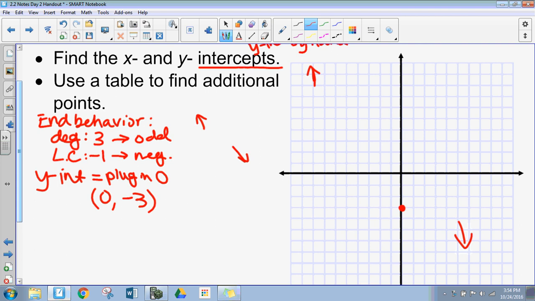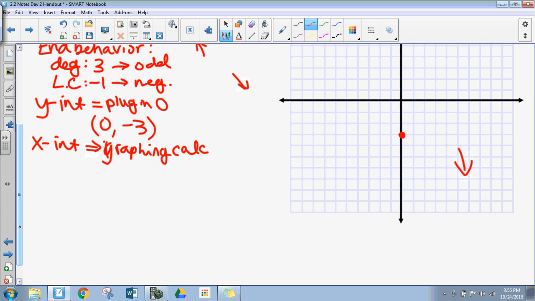Now you're going to use your calculator to find your x-intercepts. So graphing calculator is what you're going to need. You can use Desmos if you don't have one at home, but you should have some time to work on this in class. Okay, so x-intercepts in our graphing calculator.